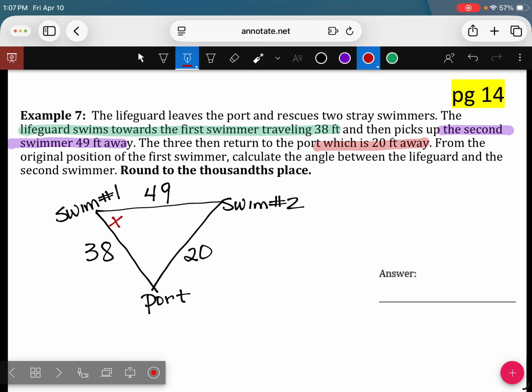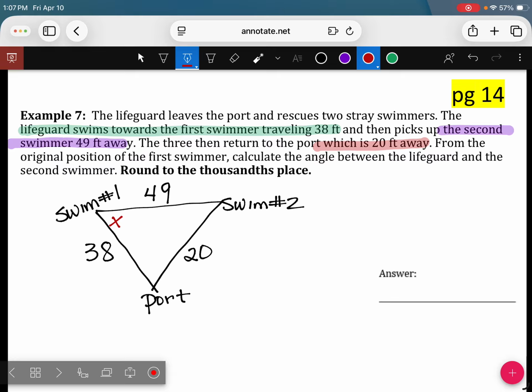So we're looking for an angle. We got to set it up and solve it. So what do I start off with? 38 squared, 49 squared, or 20 squared? Which number do I start off with? It has to be the one opposite of x. So which side is opposite from x? 20.